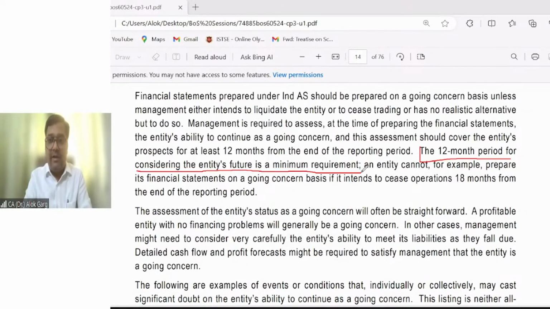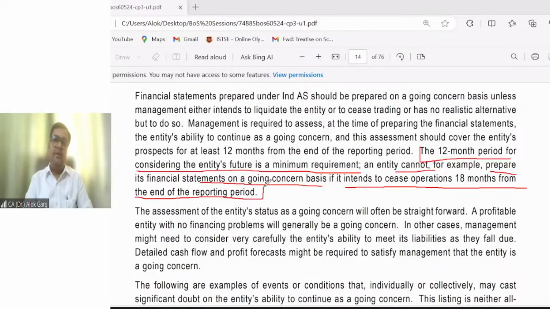It's a minimum requirement. You should at least expect that the business will run for at least 12 months. Minimum. An entity cannot, for example, prepare its financial statements on a going concern basis if it intends to cease operations 18 months from the end of the reporting date.